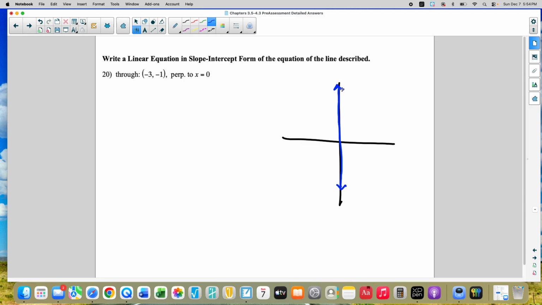Okay, and if it's perpendicular and goes through the point -3, -1, then that line must be horizontal. And this point is -3, -1. I know the equation of this line is going to be y equals -1. That is the equation because it's horizontal with a slope of 0 and a y-intercept of -1. That's a good tricky one.